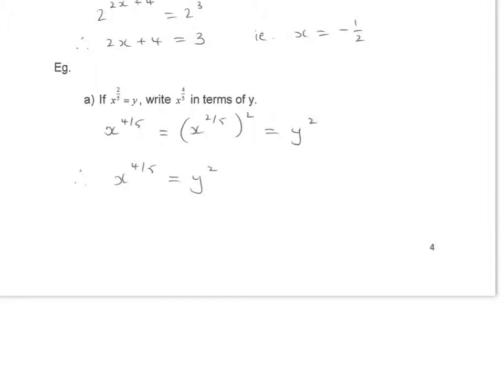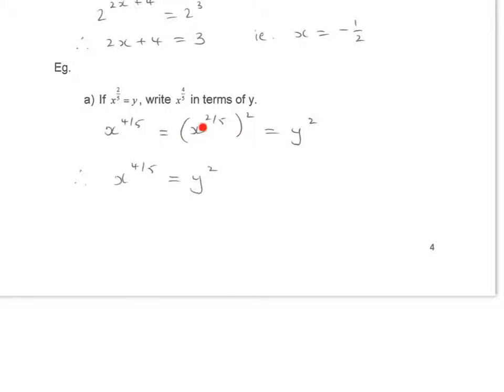Okay, moving into the last example then in the indices section. Right, slightly different. Part A then, if x to the power of 2/5 is equal to y, and we're being asked to write x to the power of 4/5 in terms of y, I know that x to the power of 4/5 is the same as x to the power of 2/5 squared if we're working backwards from the power raised to a power rule, which says we multiply them together.